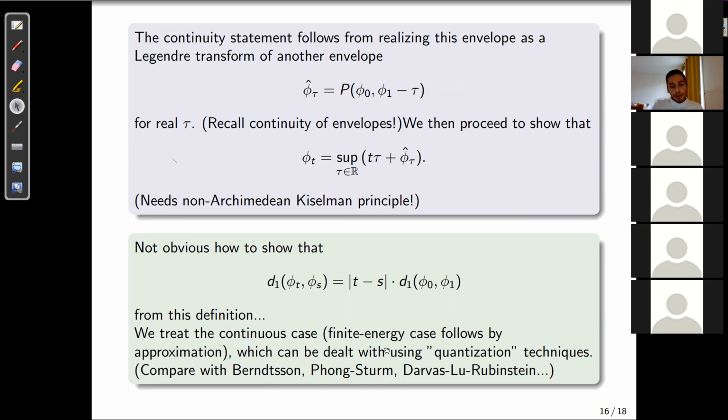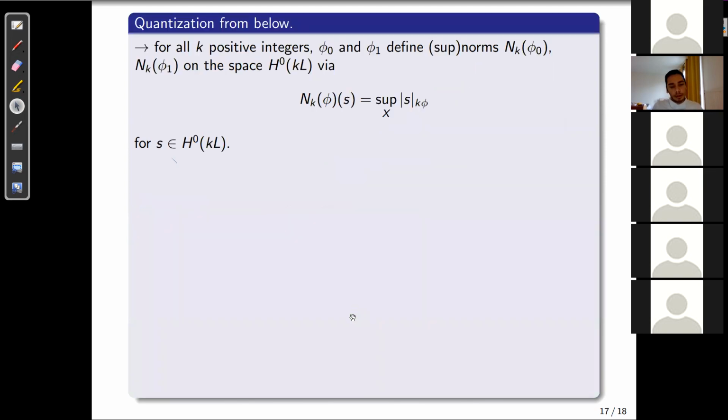You can also find some similarities with what Fong and Sturm did with geodesic rays, for example. It also dates back to work of Benson and probability measures associated to the geodesics. So we're going to proceed with our so-called quantization.